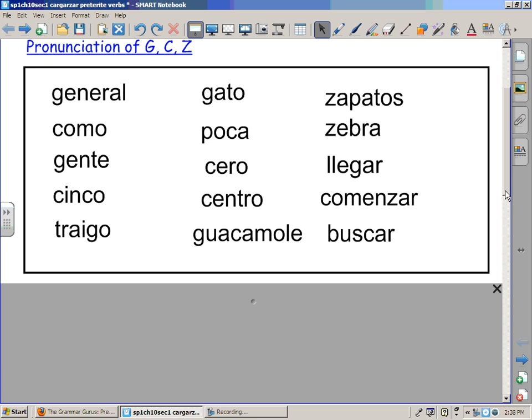Nice. Okay, so as a class, we start right with you, and we'll just go through it. We'll just go this whole side, and then we'll get over here. General. Is it general or general? General. Okay. Gente. Muy bien. Cinco. Traigo. Dato. Bien.